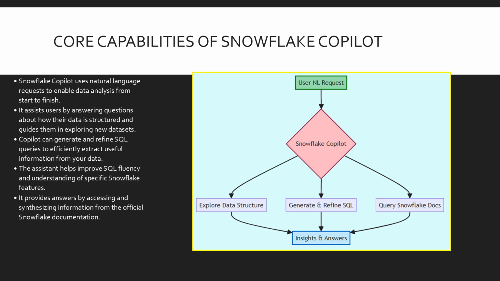A primary function of this intelligent system is its ability to expertly generate, and subsequently refine, the necessary structured query language, or SQL, queries required to efficiently extract highly useful and specific information directly from your tables and views.